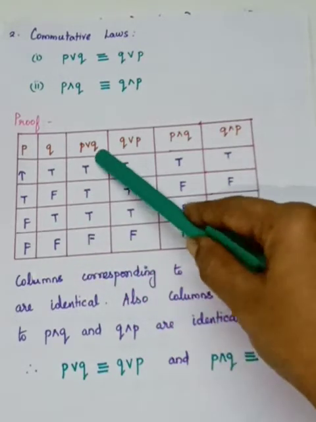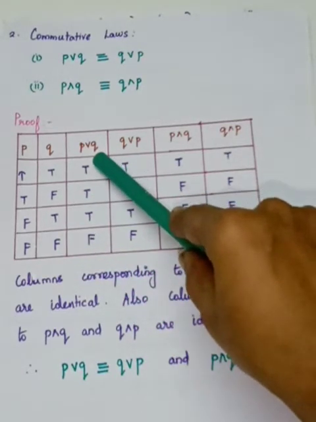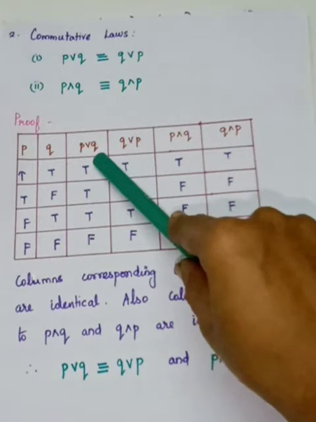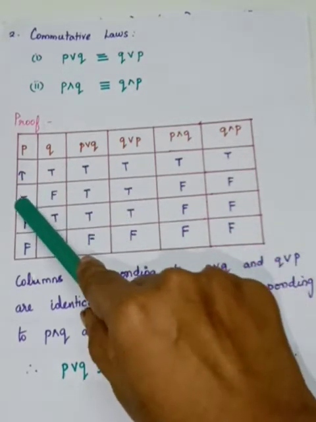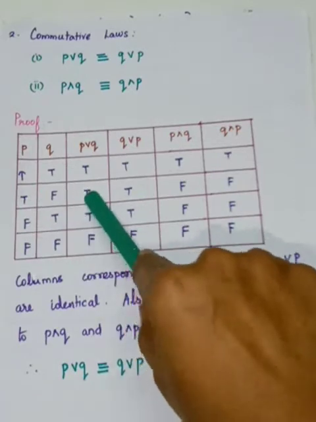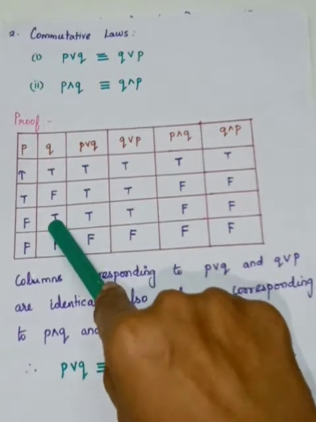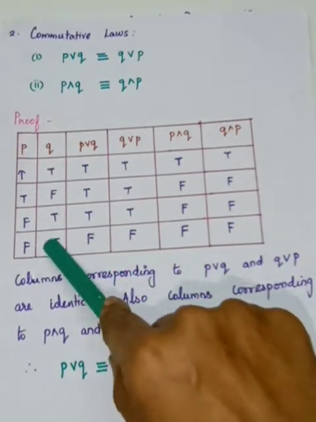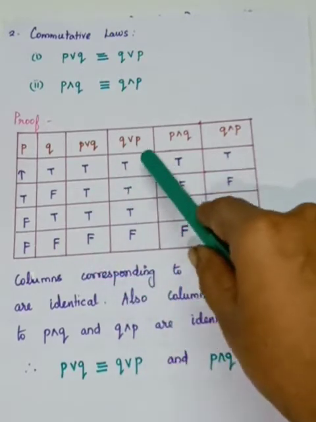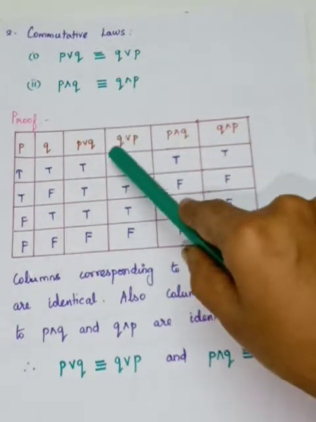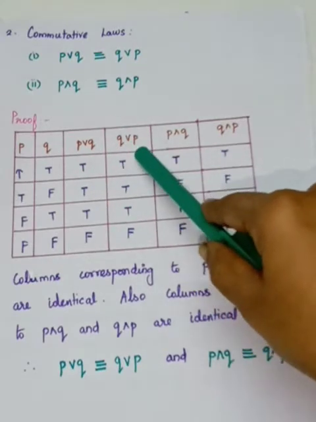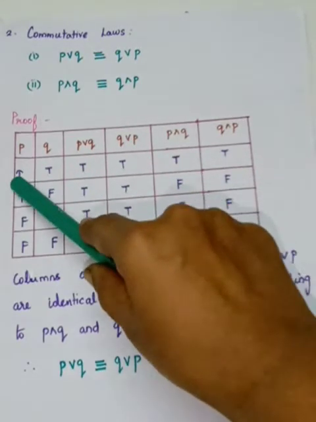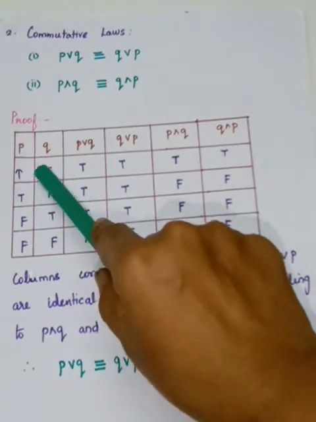P or Q means any one is true, it is true, or both are true also, it is true. So here both are true, so it is true. Here P is true, so this is true. And here Q is true. One is true, so it is true. Here both are false, so it is false. Next, what you have to find is Q or P. If you interchange, Q or P means any one is true, it is true.